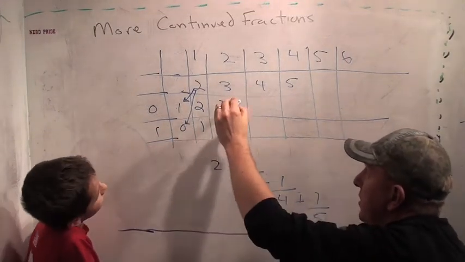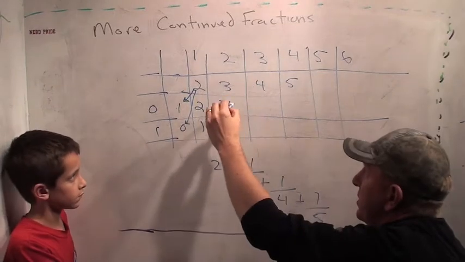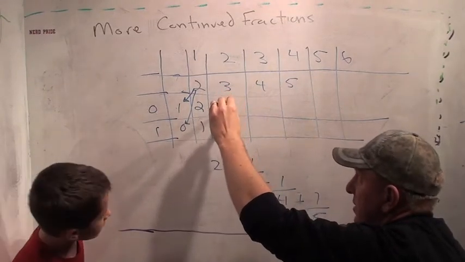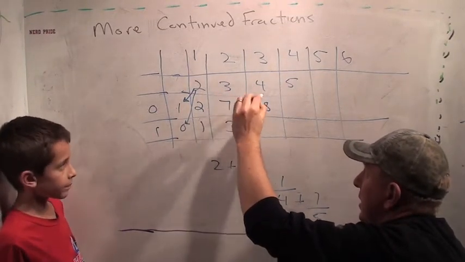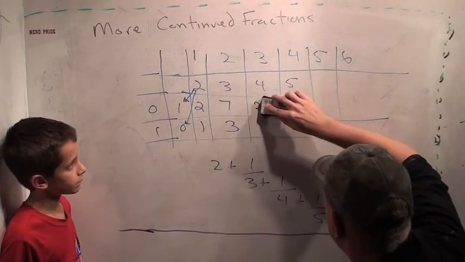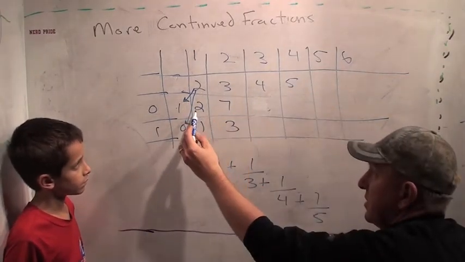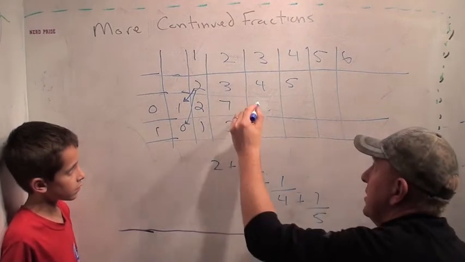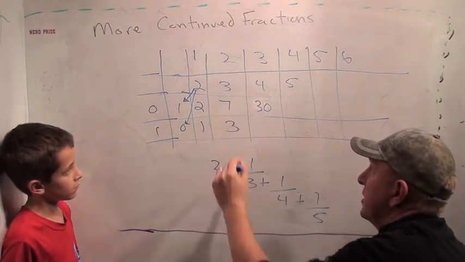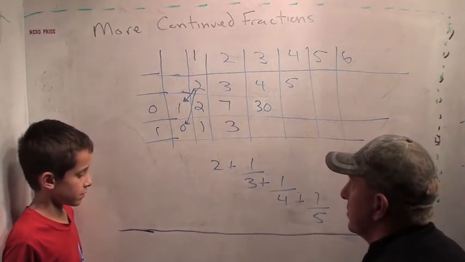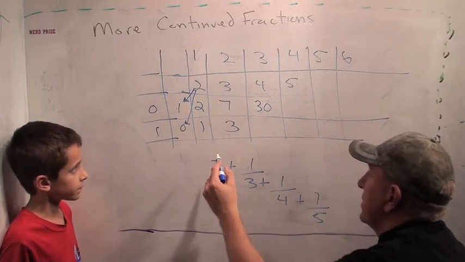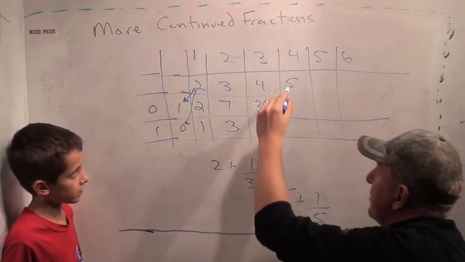Next we go 4. 4 times 7 is 28, plus 2 is 30. 4 times 3 is 12, plus 1 is 13.